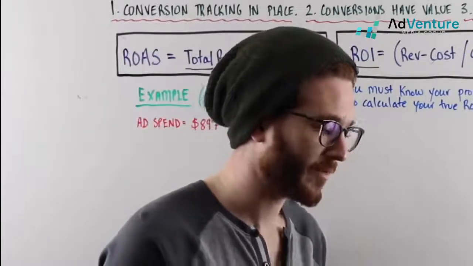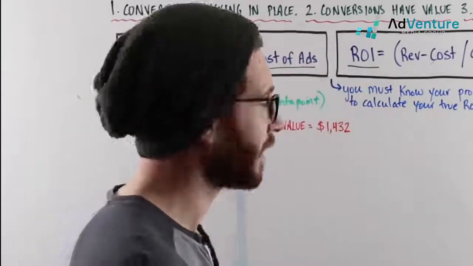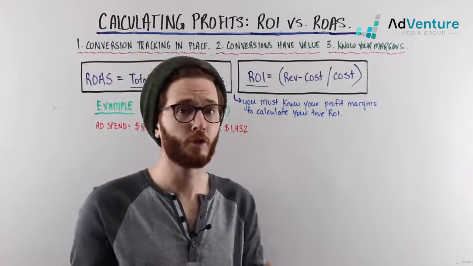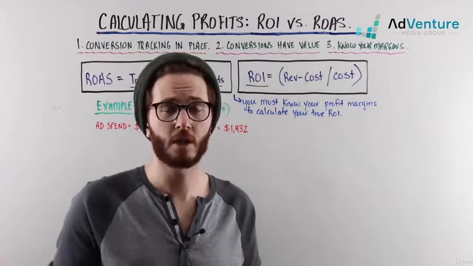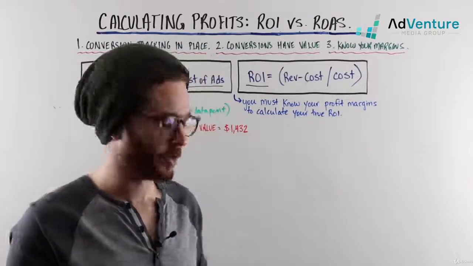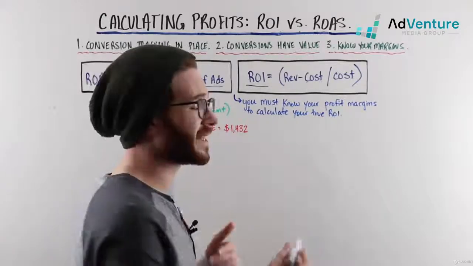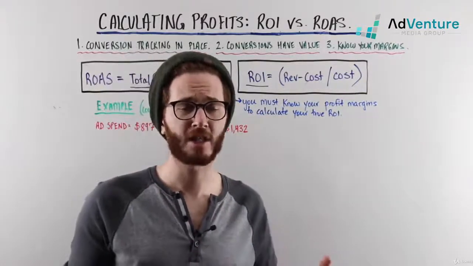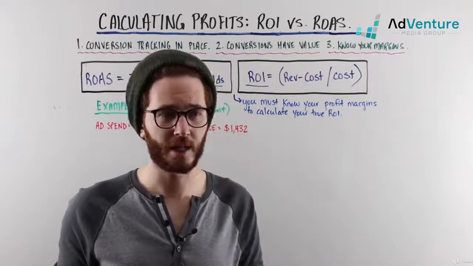Okay, so you need to know your profit margins in order to calculate ROI. And obviously, I can't help you create your profit margins. You need to know what your profit margins are for your business. And when I say profit margins, I mean how much of every dollar do you put in your pocket at the end of the day.